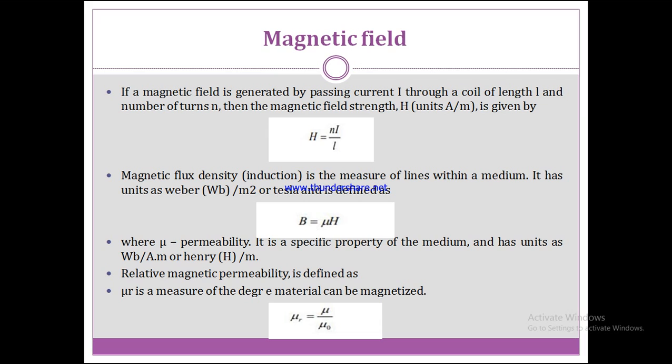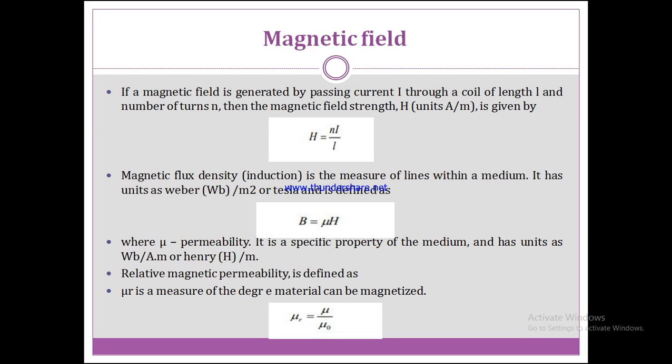It has units of Weber per meter square or Tesla, and it is defined as B equals mu into H, where mu is the permeability. It is a specific property of that medium and has units of Weber per ampere meter or Henry per meter.